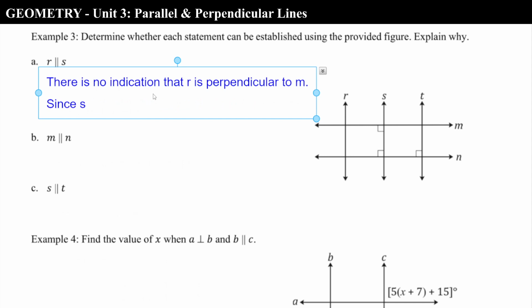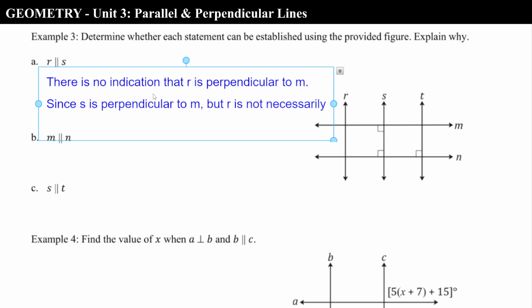Since S is perpendicular to M, but R is not necessarily perpendicular to M, R and S are not necessarily parallel.